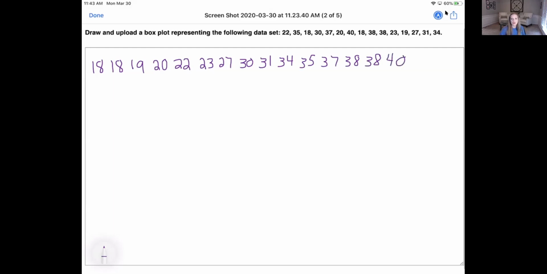Again, we want to make sure we have 15 numbers. So there's 1, 2, 3, 4, 5, 6, 7, 8, 9, 10, 11, 12, 13, 14, 15 numbers. Good. We have all of them.